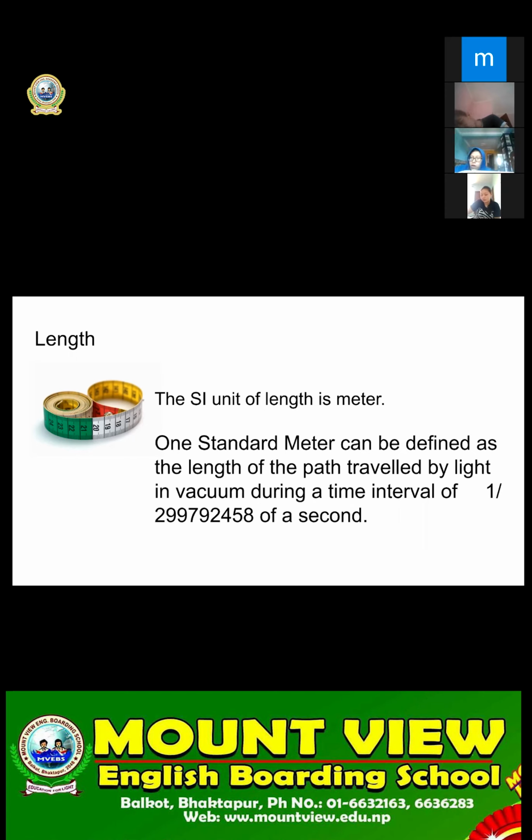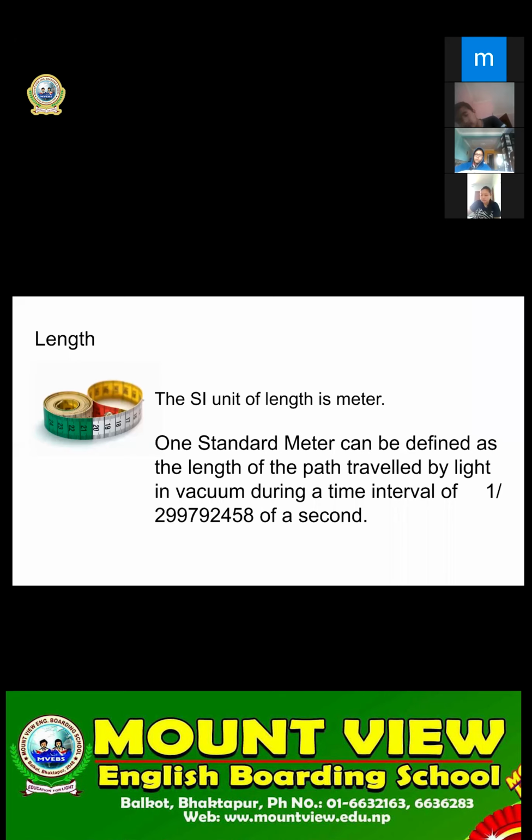You can see the picture of a measuring tape. A measuring tape is one of the devices which we use to measure the length of an object. Let's know the meaning or definition of 1 standard meter.